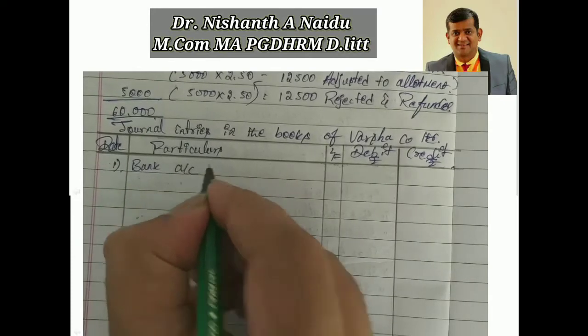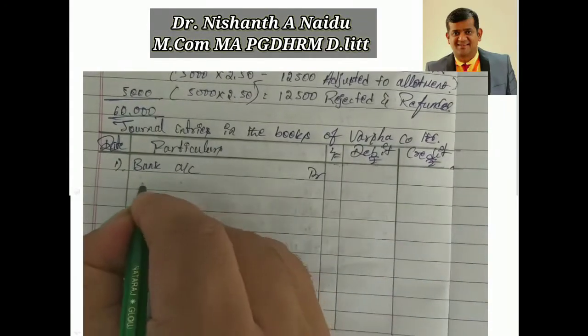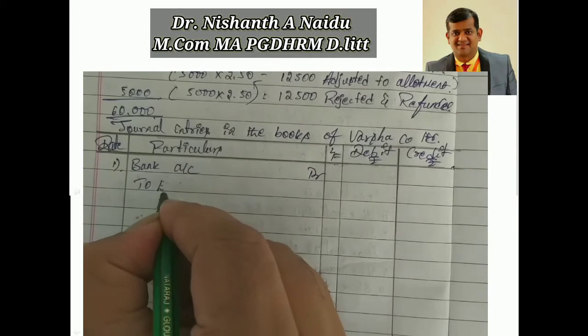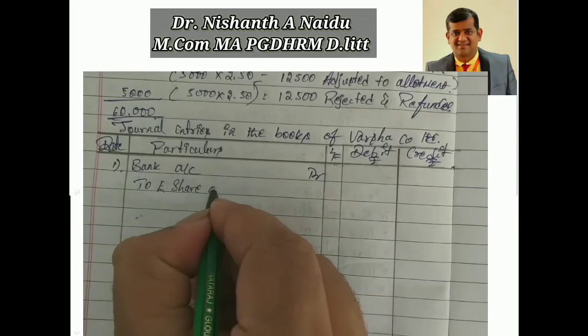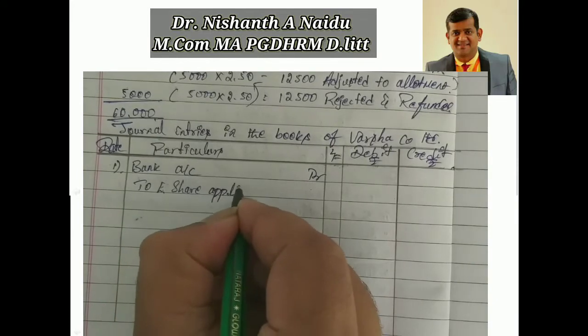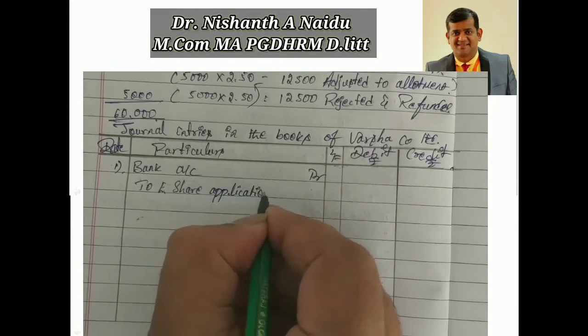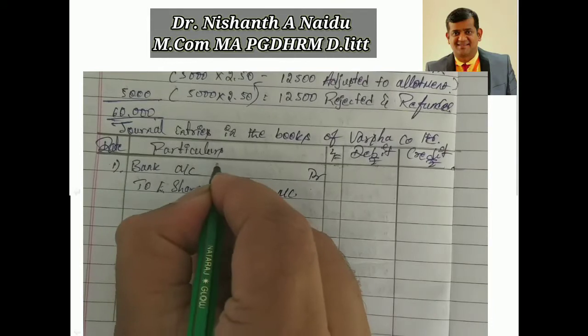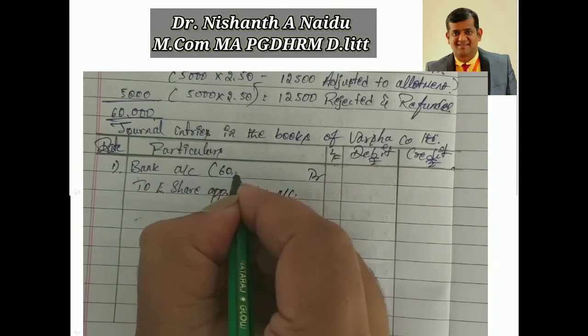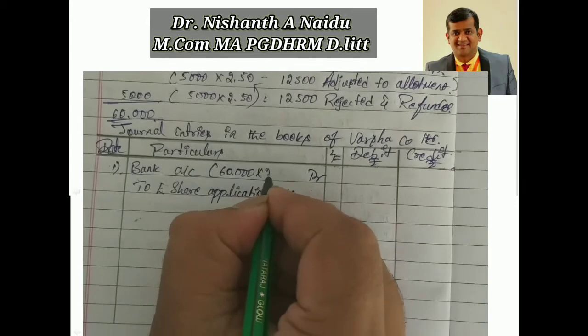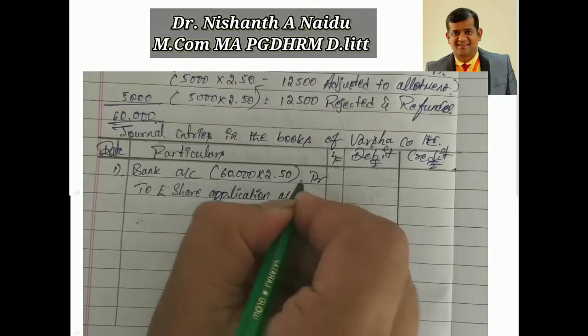Application money receipt entry. Bank account debit, to which money we have received, equity share application account. Bank account debit to equity share application account. Now open the bracket. For how many applications have we received? We have received 60,000 applications at rupees 2.50 each.